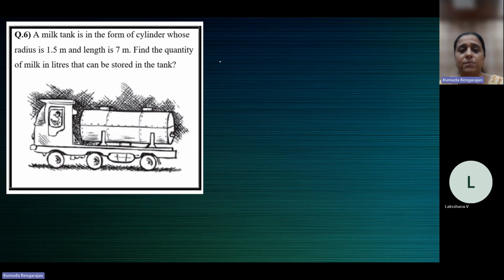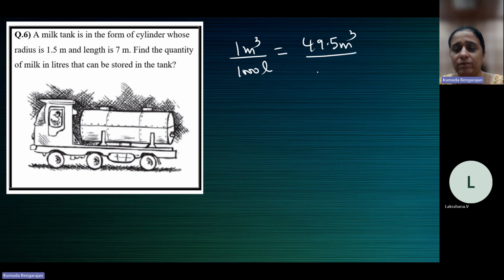First you write the general rule, 1 meter cubed by 1000 liters is equal to 49.5 meter cubed. So this one will be how many liters? X liters. Now we have to cross multiply. Don't write the meter cubed and liters.